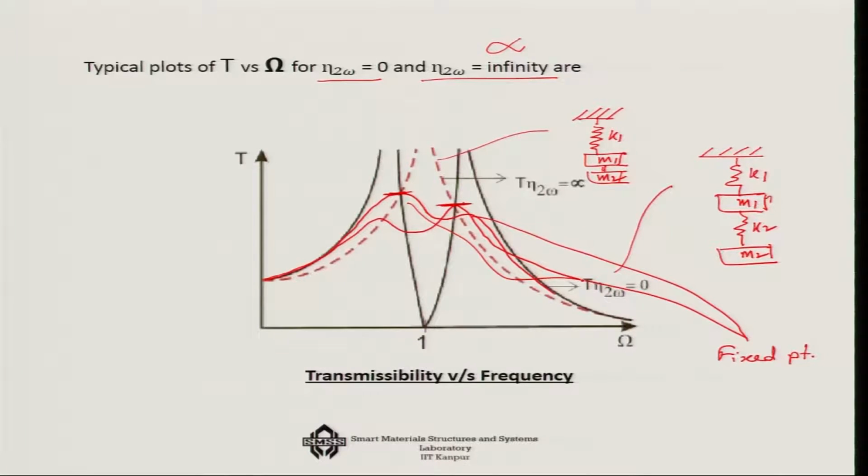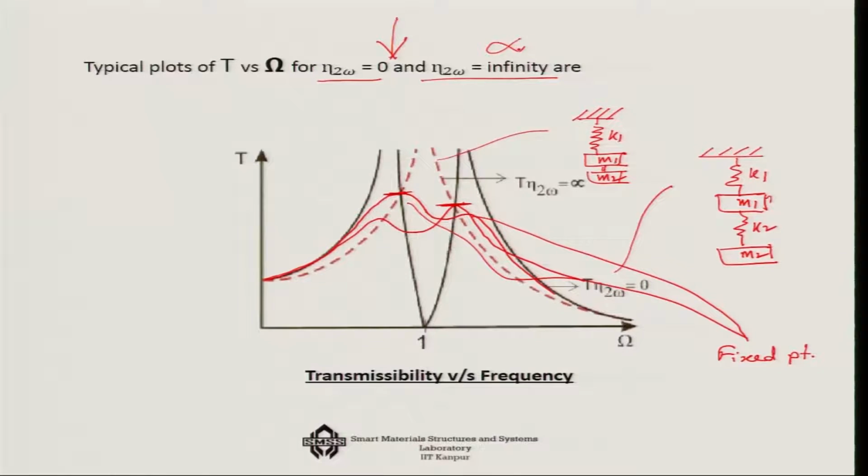You try to place the peaks of either transmissibility through these fixed points, and then under such conditions you will be able to get the optimal eta 2 omega, because that has to be somewhere between the two.